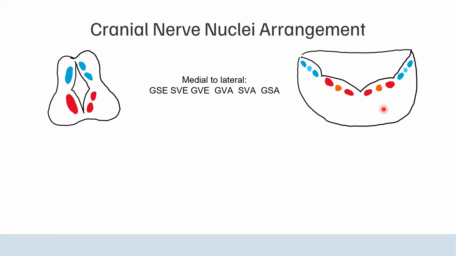Perfect. Okay. So, given this arrangement, I now want us together to visualize what it would look like for the pons and for the midbrain. So, let's first draw out the general outline of the pons, where we have this fourth ventricle here.